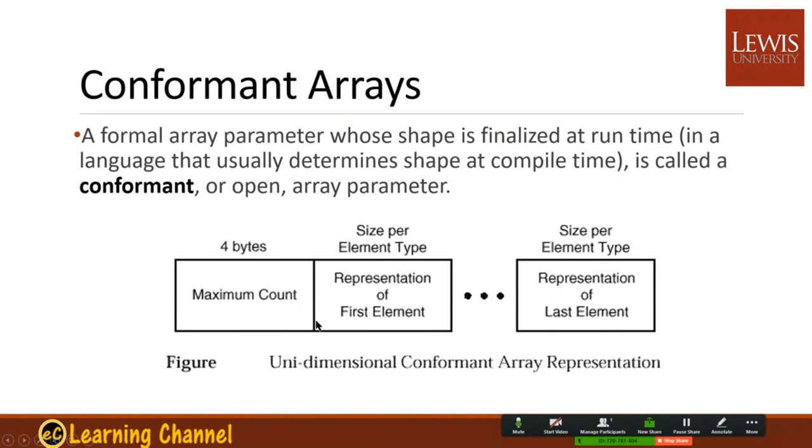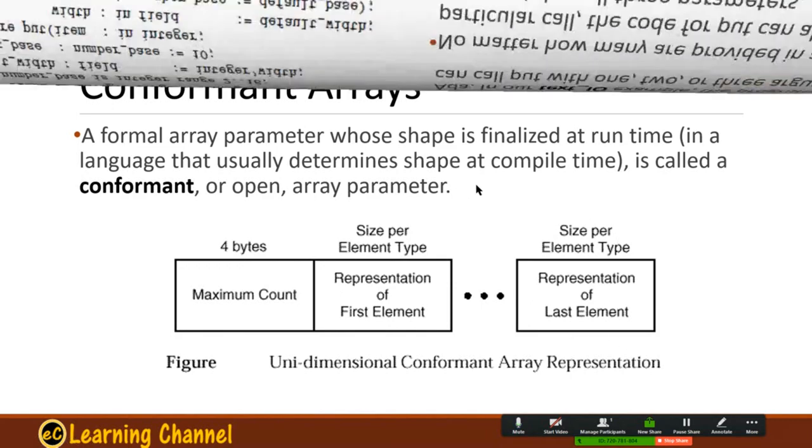And here we have a unidirectional conformant array representation. Basically, there is a maximum count and the size of the elements, and then you have the size per array element. So there is some information about the array and also about the array elements in a conformant array.